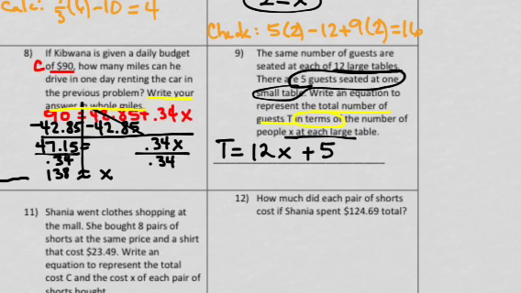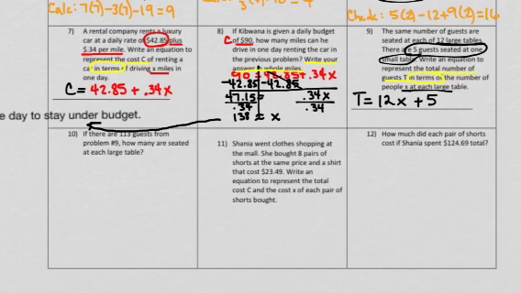Now number 10 relates back to that question. So if there are 113 guests, we are going to plug that in for T. 113 is equal to 12x plus 5. We want to know how many people are at each of the tables.